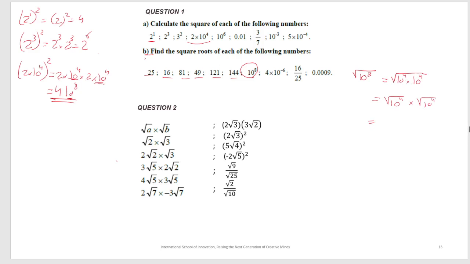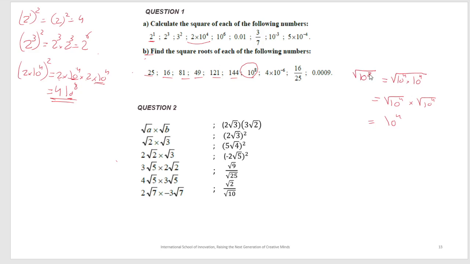So radical 10 power 4 times radical 10 power 4 is 10 power 4. I don't know if you understood it well, sorry, but I repeat. Radical 10 power 8 is 10 power 4.